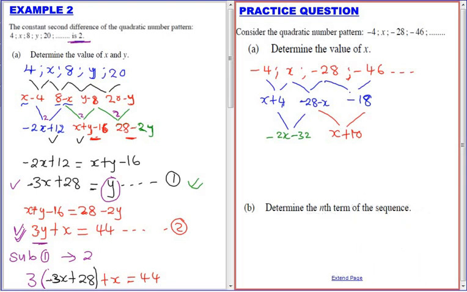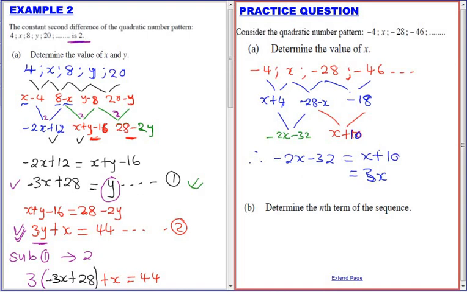So now that you got to the second difference, that's the one that is constant in a quadratic number pattern. Since the second difference is constant, you are free to equate this one to that one because it's the same. They should be equal. So I'm going to take 3x to this side. If I take 2x to the other side, it would be positive 2x if it was negative 2x.